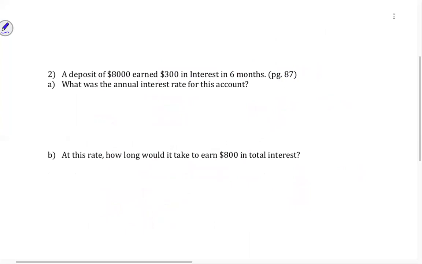So if I write $800 equals 8,000, and we had our rate was 7.5%, and we want to find T. So if I do 7.5%, so 0.075 times 8,000, I get 600.